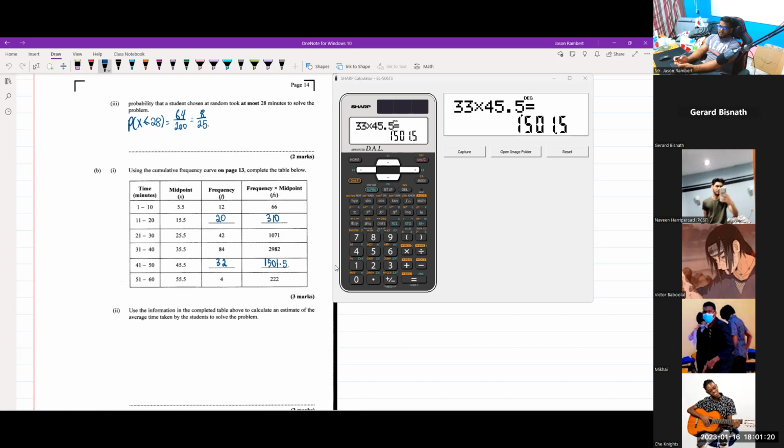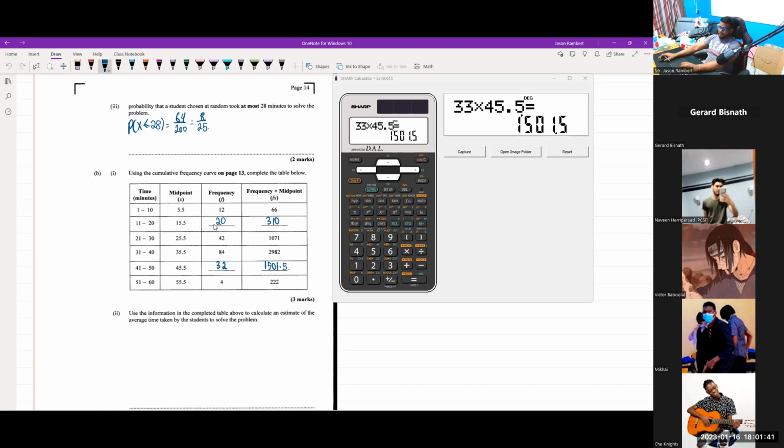Now, if I do that, I believe that when you're reading off the graph, you'll have to read off using your boundary conditions, your minus 0.5 and plus 0.5, when you're counting on the graph. So we get 20 for 11 to 20. We'll do that.